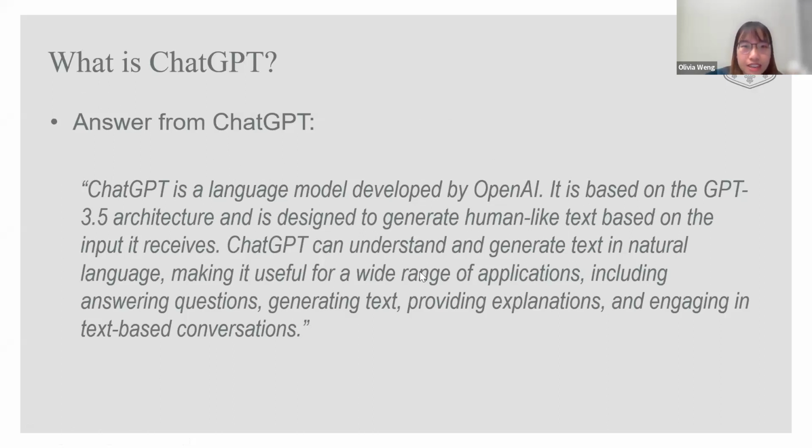It looks like a lot, but basically ChatGPT can understand and generate text in natural language, which makes it useful for a wide range of applications, including answering questions, generating text, providing explanations, and engaging in text-based conversation. So basically, ChatGPT is a generative AI to generate text, but later we also found that it's very helpful for generating code.